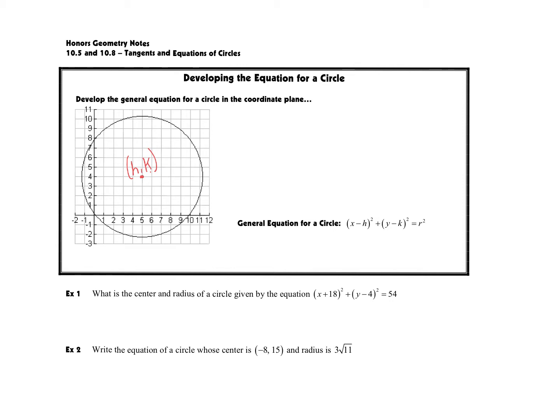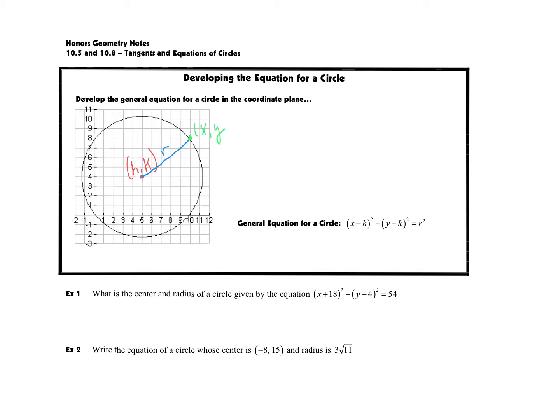From there, we draw out a radius, and then we look at a point that is on the circle.